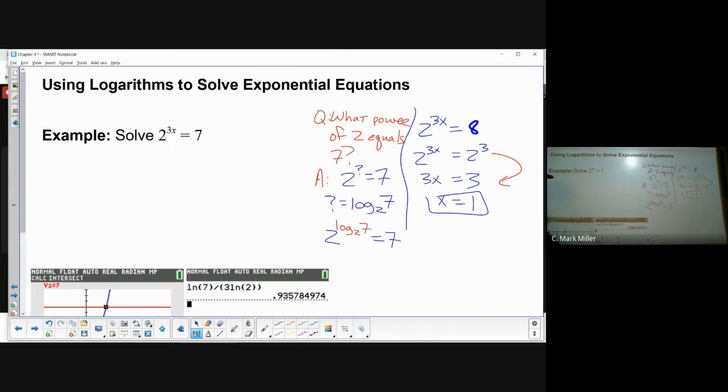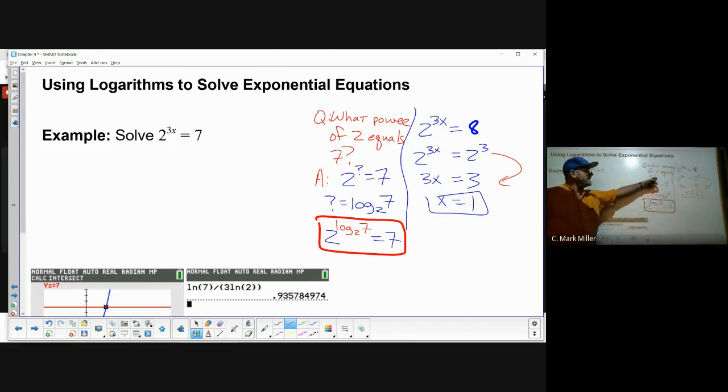This is vitally important that you understand why that's true. Because 2 to the x, 2 to a power, is an exponential function. Are you with me on that? That's the stacks of paper, 2 to the x. 2 to the x is an exponential function, and exponential functions and logarithmic functions to the same base are inverses.